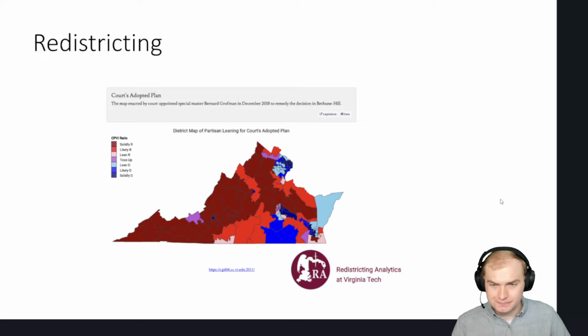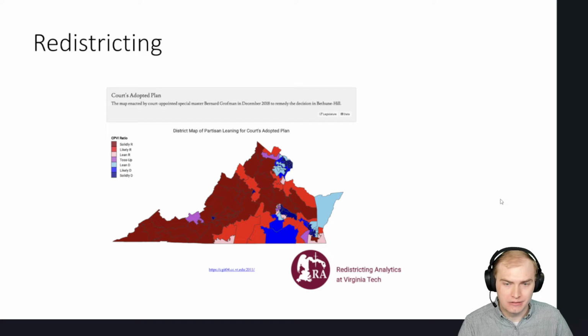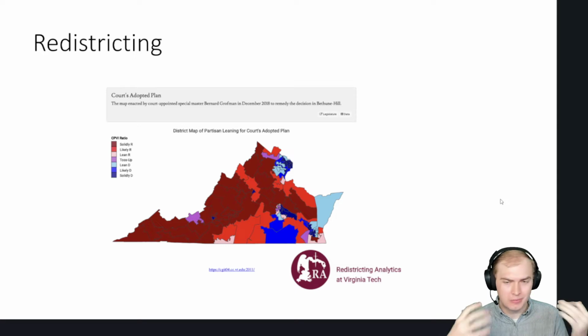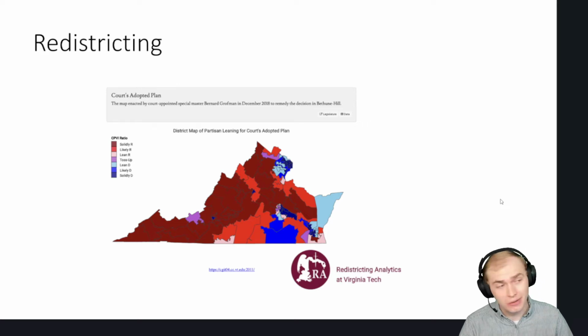But our aim is to balance representation between black and white voters, Republican and Democrat voters, what have you. We want to make sure that everyone's vote matters, or at least matters as much as anyone else's.